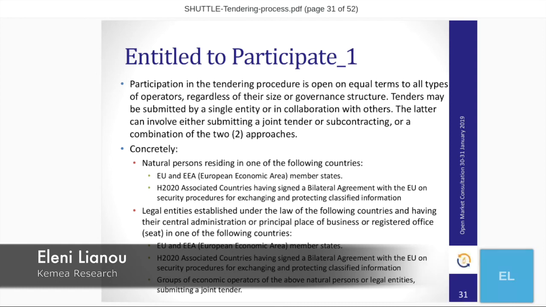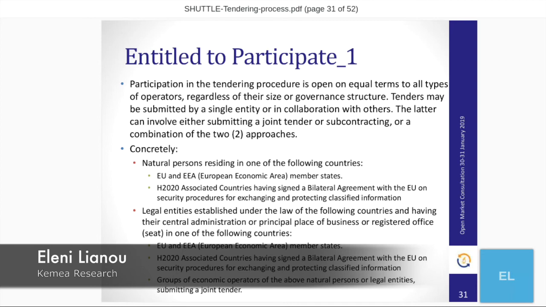As we presented in our PowerPoint, entitled to participate, either as one company or a single entity, or by submitting a joint tender or subcontracting, are companies that are established under the law of the following countries, and having their central administration or principal place of business or registered office in one of the following countries: EU member states, Horizon 2020 associated countries having signed a bilateral agreement with the EU on security procedures for exchanging and protecting classified information.